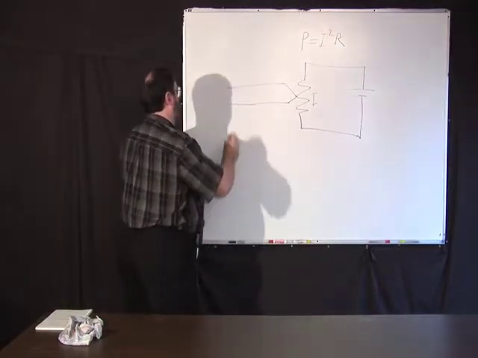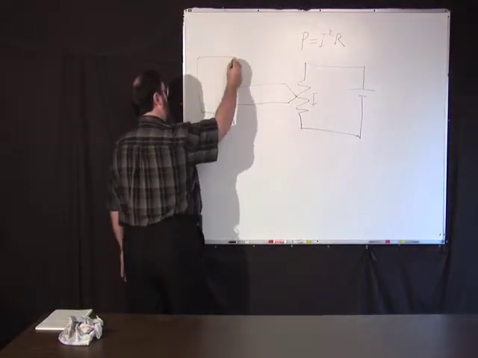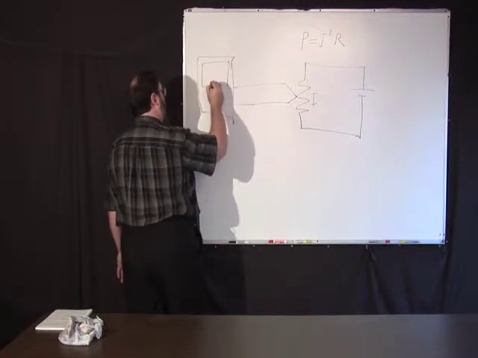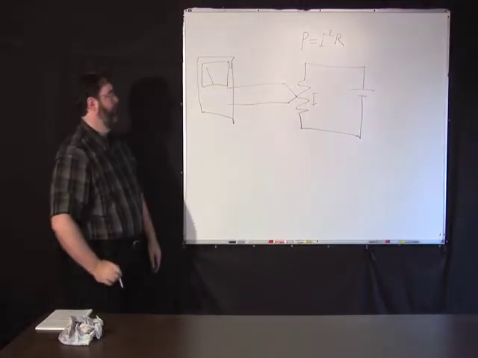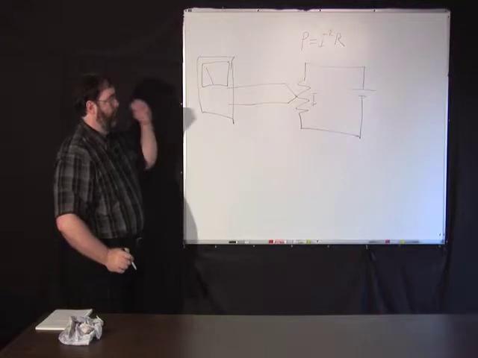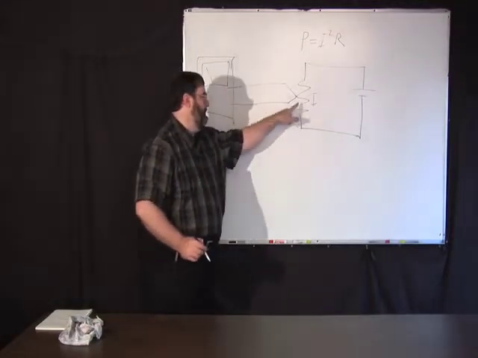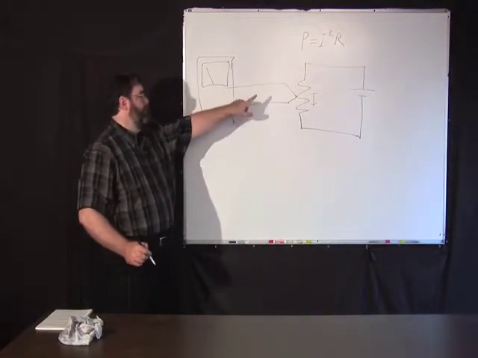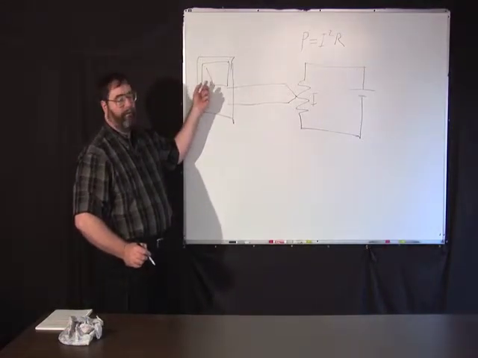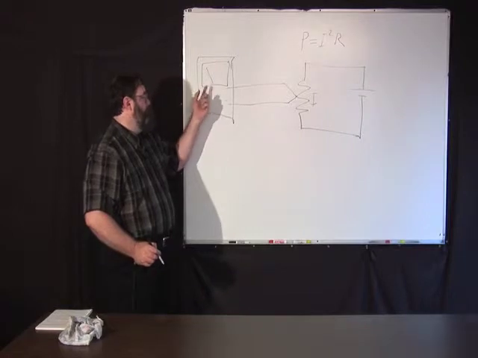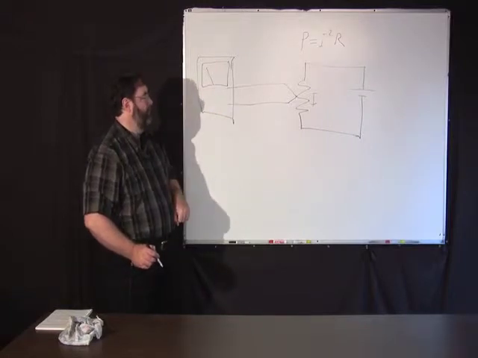Well, what happens if you take a thermocouple and connect it to the resistor, and you measure the voltage difference? Okay, well, the power delivered to the resistor is definitely going to produce a voltage because there's going to be a temperature. This is going to be hot.